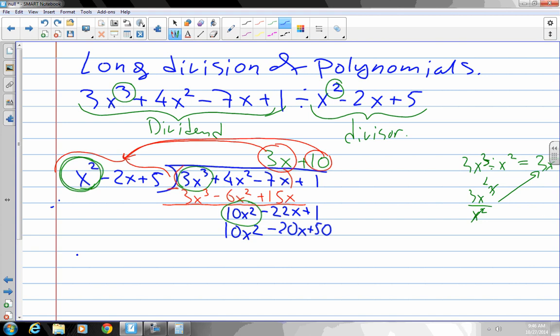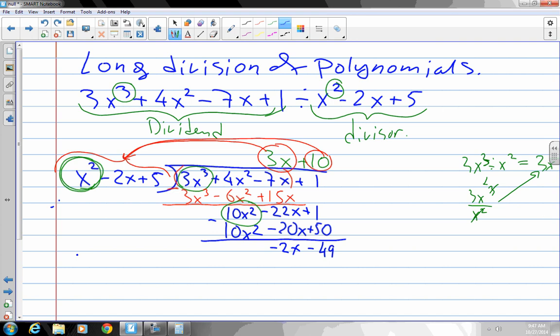Are we okay with how we got that? Just multiplying the original divisor by the number we got in the quotient. So then do the subtraction. 10x squared minus 10x squared is gone. Negative 22 minus negative 20 makes it negative 22 plus 20, so it's negative 2x. And then 1 minus 50 is negative 49.